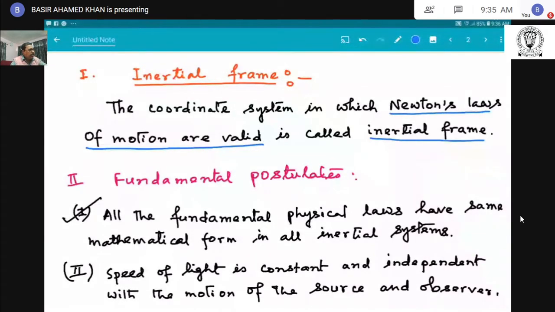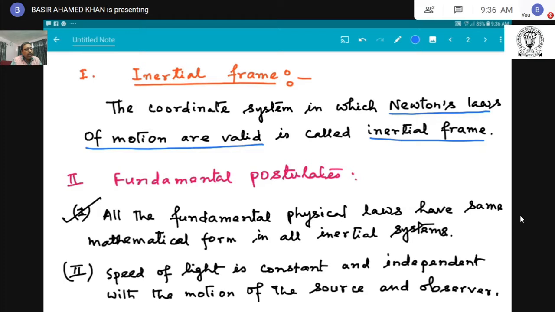Now the second one is the fundamental postulates of special theory of relativity. Einstein's special theory of relativity is valid for inertial systems only.